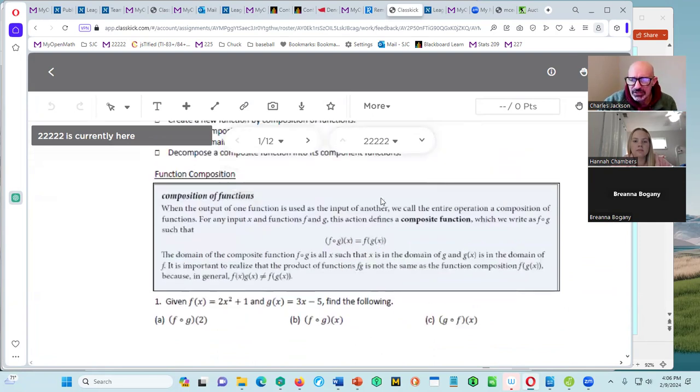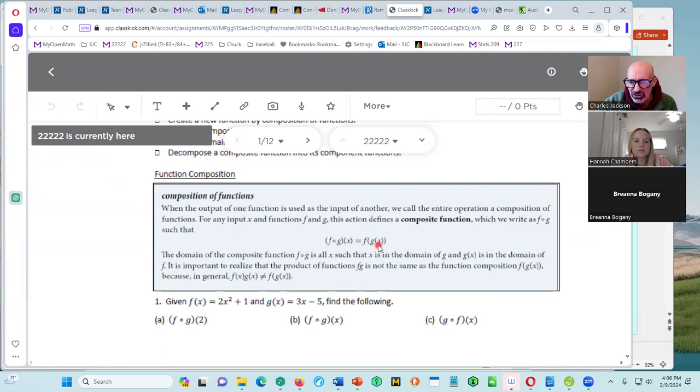So yeah, composition is likely something that you have seen before. One thing that throws a few people is that little circle notation right there. They think it's multiplication, but what it means is composition. f little circle g of x is f composed with g of x, f of g of x. So the input is actually a function.